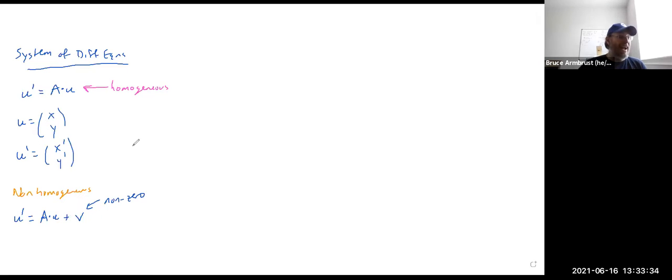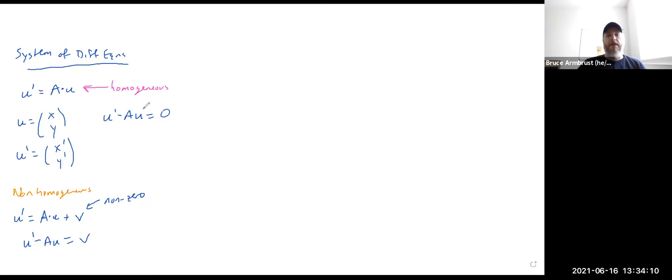And this actually kind of tracks. If you think about how we did it before, if I were to rewrite this, I could have u prime minus Au equals 0. So all of our variable stuff is on one side and it equals 0. This one, we would get u prime minus Au equals v. So all our variable stuff equals a non-zero vector. So we're actually using the same kind of definition as we did before. It's just now we're talking in terms of matrix equations.